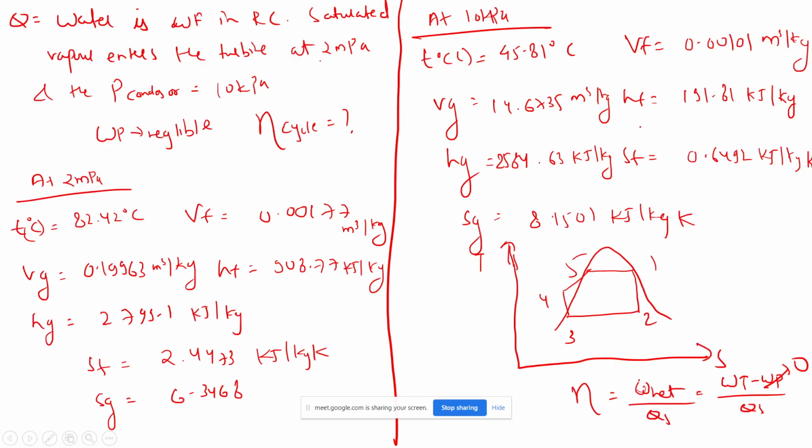Sf2 is at a pressure of 10 kilopascal. The condenser pressure is 10 kilopascal and the higher pressure is 2 megapascal, so we have to take the values at 10 kilopascal.